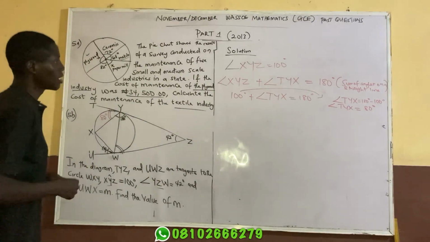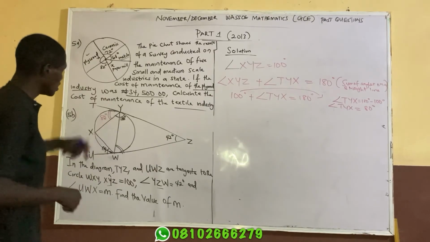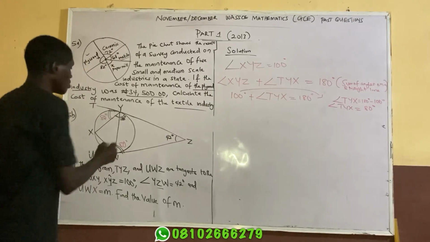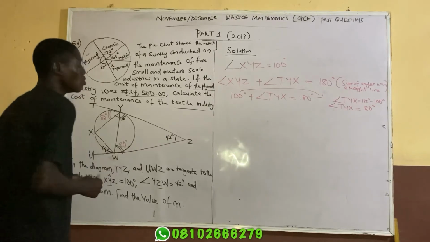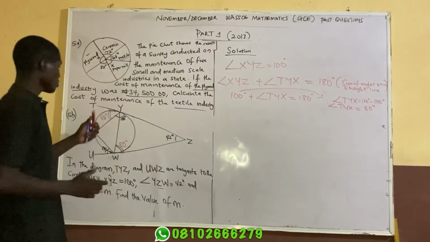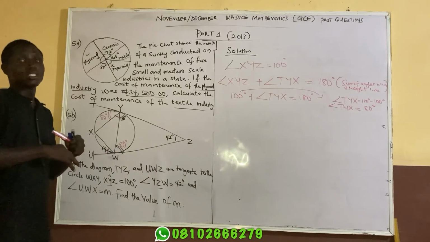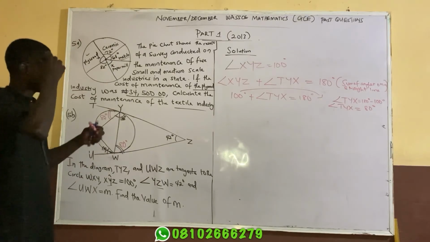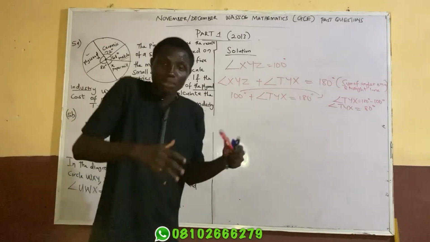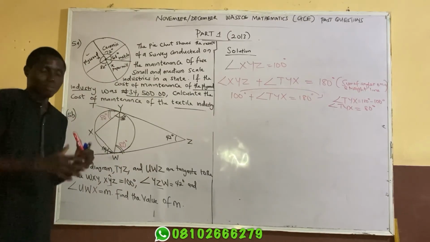So this angle is 80 degrees. Now, how do we get that? This angle 80 degrees is equivalent to this angle. Why? There is a law that says angle in alternate segment of a given tangent. When two tangents meet, the alternate angles in the segments are equal.